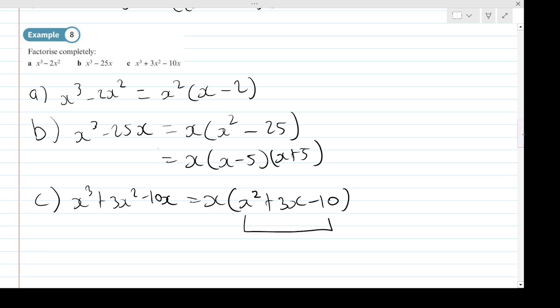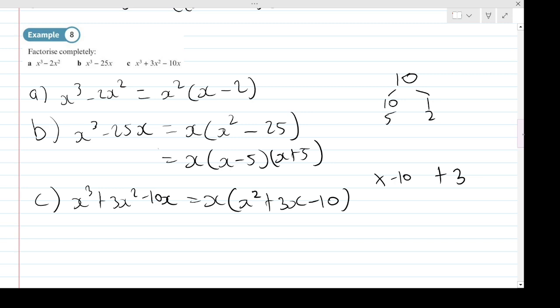To factorize this part, we need two numbers that multiply to give minus 10 and add to give positive 3. To help with that, the factors of 10 are 10 and 1, but if I add or subtract them, I either get 9 or 11. That's not going to get us 3.